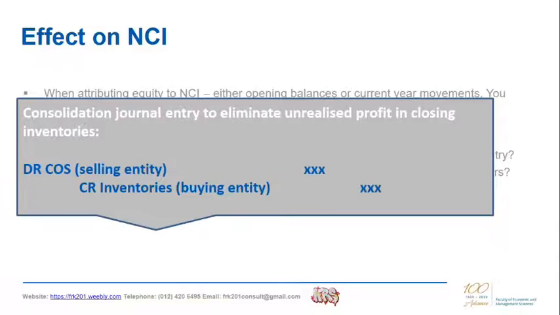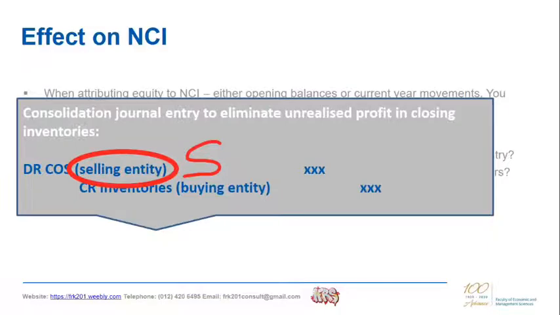Second question, whose profit am I changing for purposes of changing the group's profit? And only if the selling entity is the subsidiary, would you consider the effect of this consolidation journal entry when calculating profit attributable to NCI? If the parent was the selling entity, it's the parent's gross profit we're changing for purposes of changing the group profit.